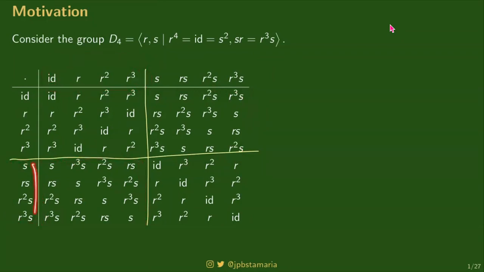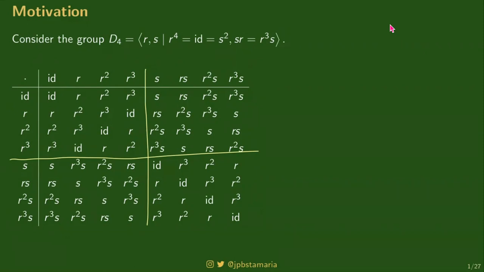And a product of two mirror reflections in this group is a rotation. So in short, in D sub 4, if you multiply two things of the same type, rotation and rotation, or mirror and mirror, the answer is a rotation. But if you multiply two of different types, the answer is a mirror reflection. So that is the summary.